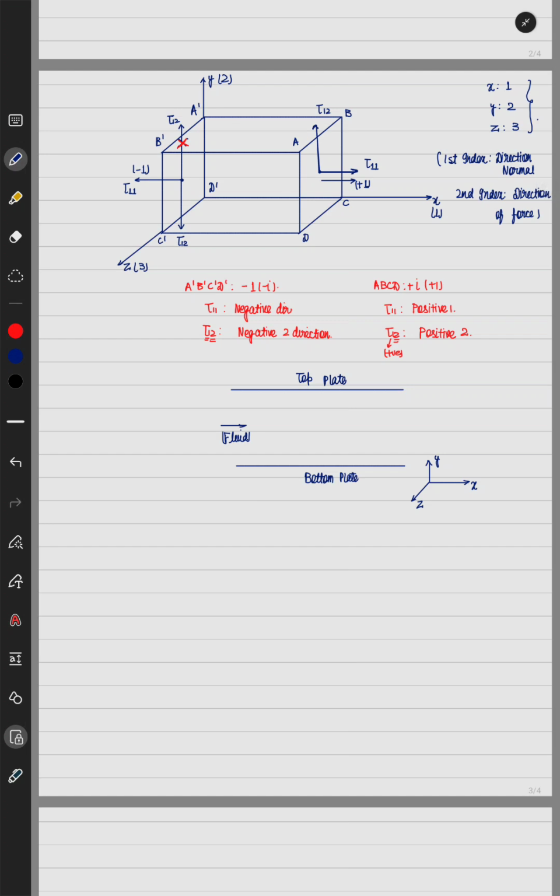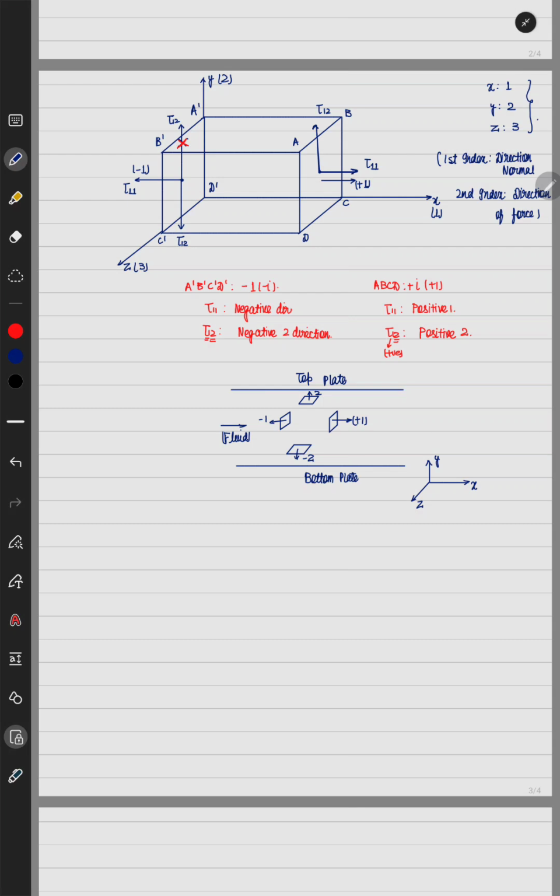But one thing that I would like to say is that if I take any area element like this, which is pointing along positive 1 direction, I can take some area element pointing along the positive 2 direction, or an area element oriented along some negative 1 direction, or pointing along some negative 2 direction.